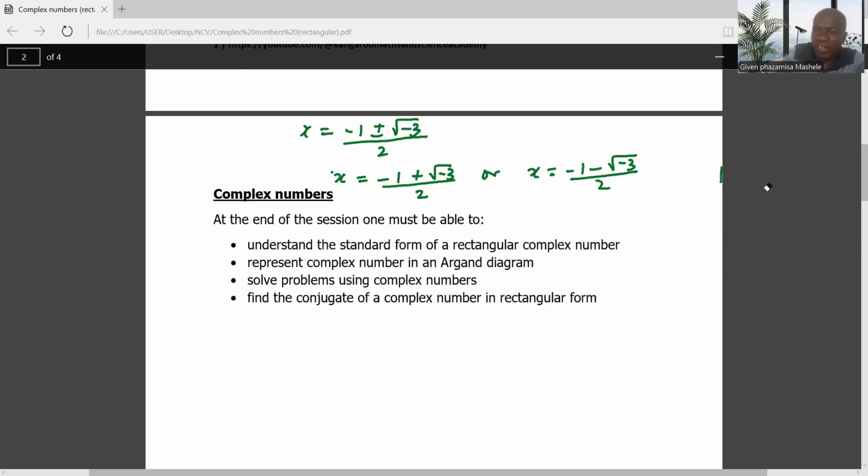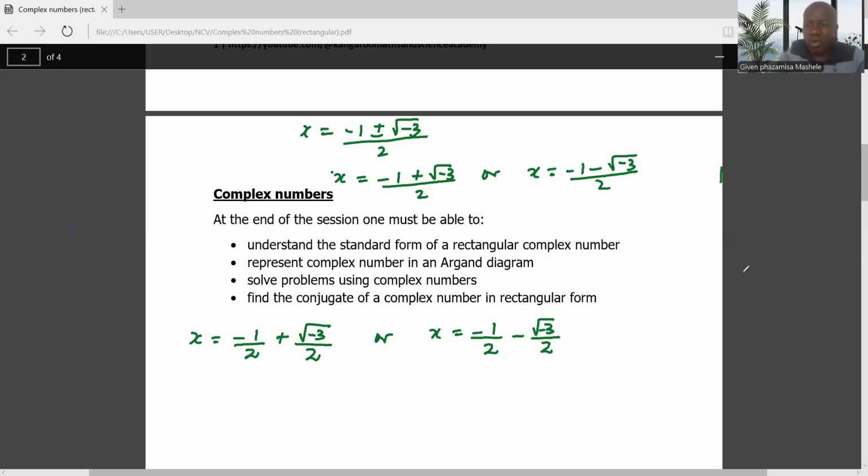So now let's simplify this. This will become x equals -1 divided by 2 plus the root of -3 divided by 2. Or we can say x equals -1 divided by 2 minus the root of -3 divided by 2.